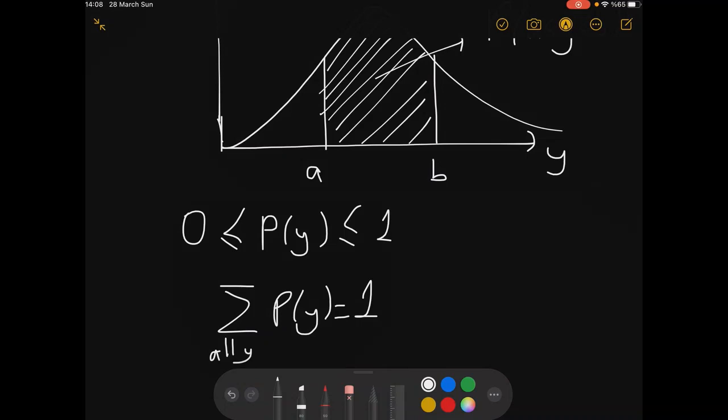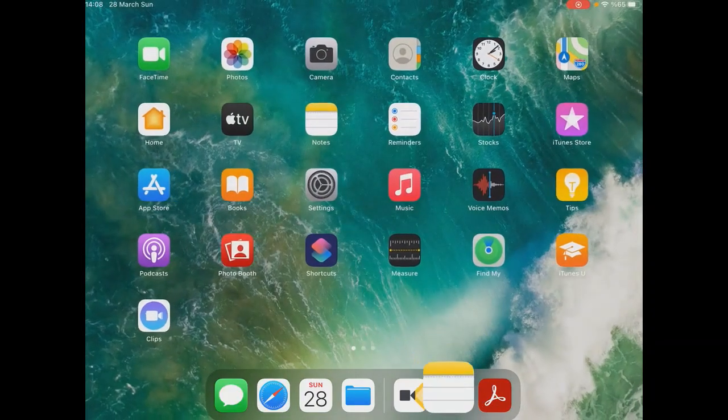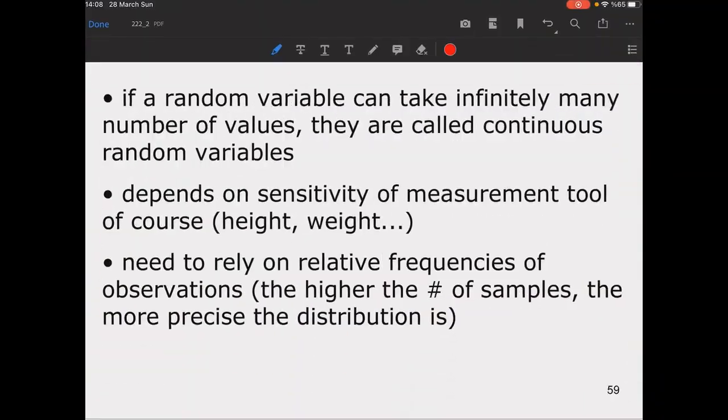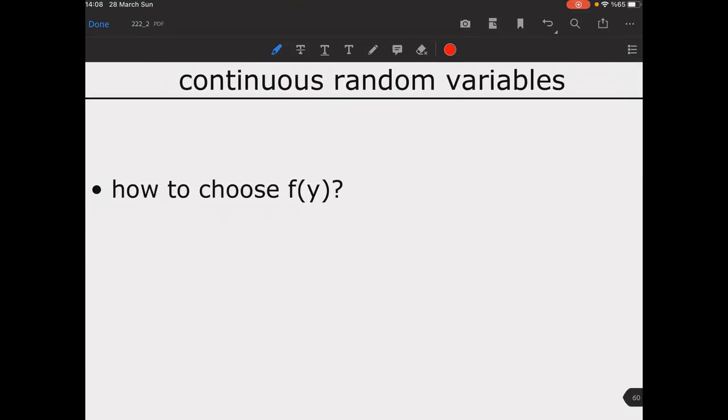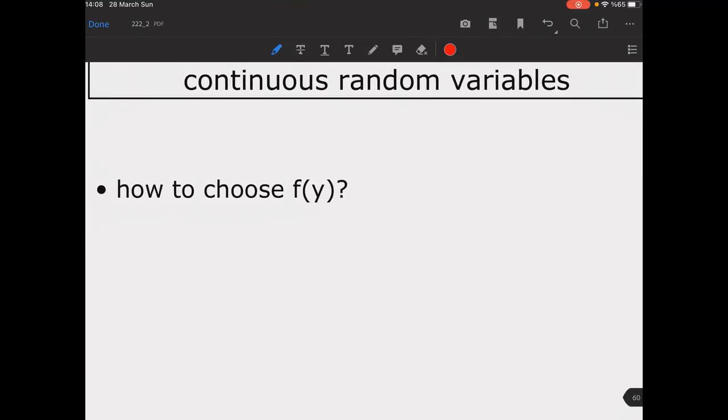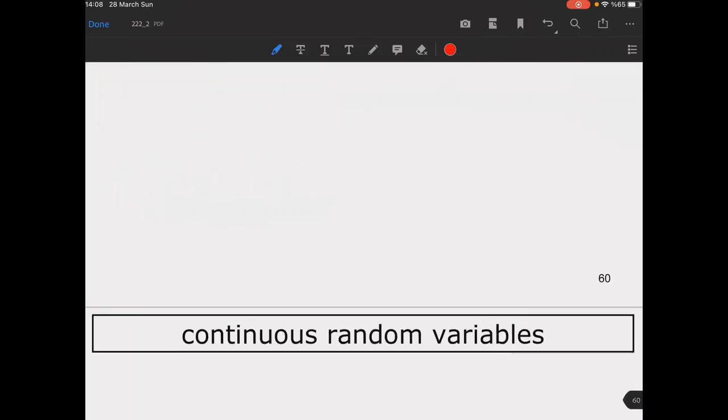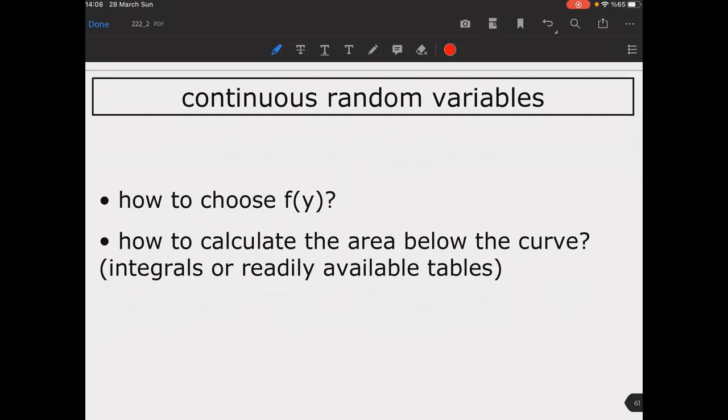Okay, with continuous random variables, how do we choose the f(y) function here? How do we calculate the area below that curve?